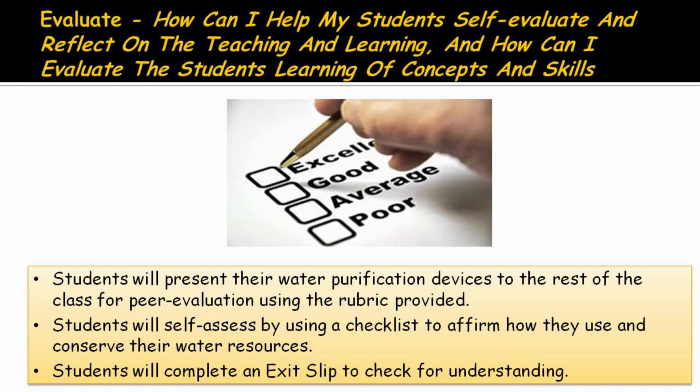And as they think about how they use their water resources, if they're using it properly, if they're conserving at home, what ways can they really use to conserve water, we are employing self-evaluation, self-assessment to see how they use their water resources. And finally, they would have been asked to complete an exit slip to check for their understanding and for there to be adjustments to be made for future lessons.